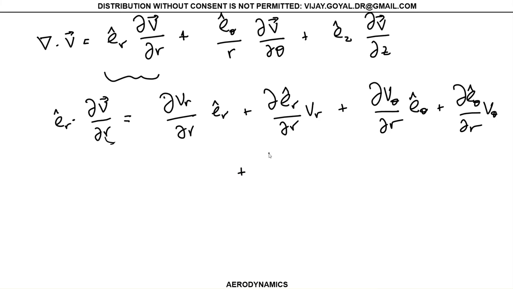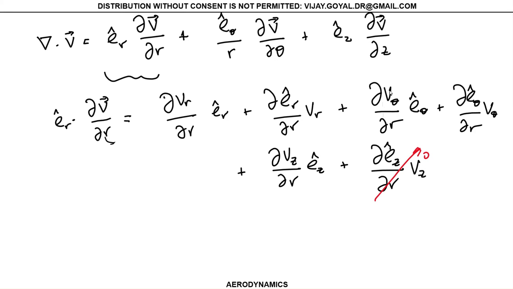And plus one more term: partial of v_z with respect to r, e_z, plus partial of e_z with respect to r, v_z. Now, pay close attention. This is not a function of r, so this has to go to 0. In my problem, this is not a function of r as well. This goes to 0. In our problem also, the derivative of this will also go away because it's just a unit vector.